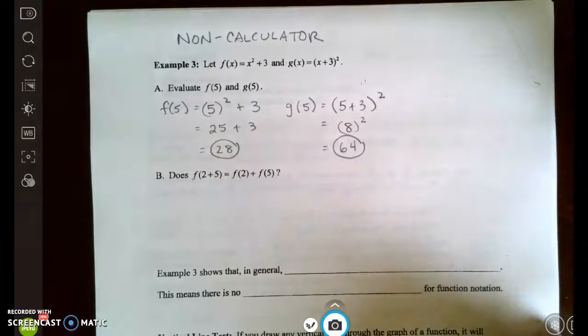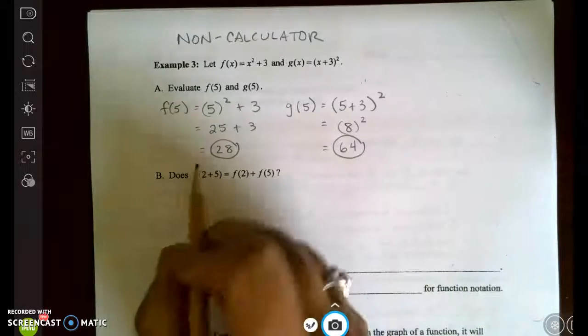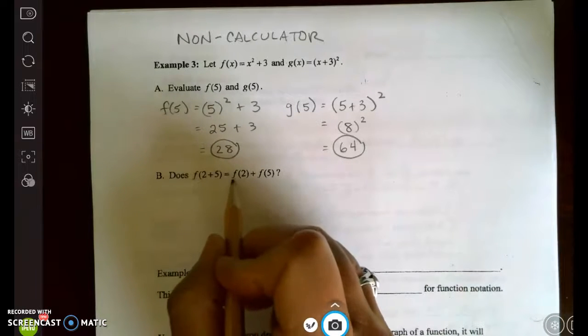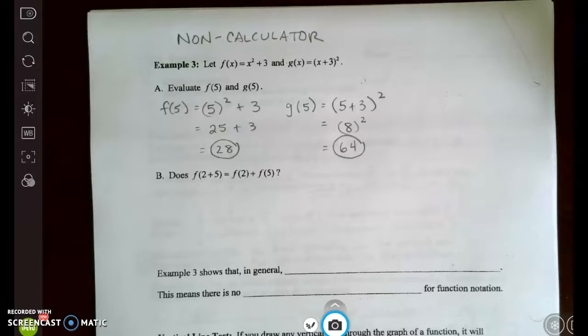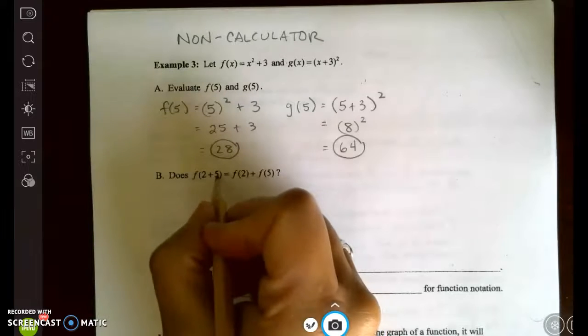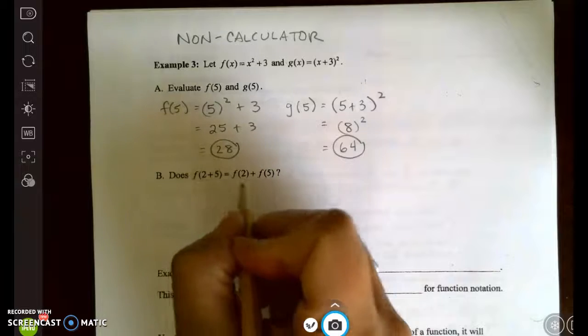Okay, let's go on to part B. And part B asks us, does f at 2 plus 5 equal f at 2 plus f at 5? Anytime you're asked if two sides of an equation are equal, you have to solve each side of the equation separately. So let's start by doing f at 2 plus 5.